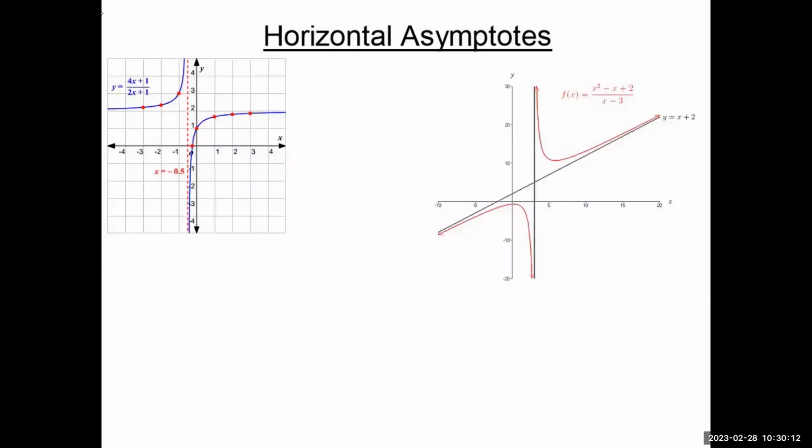I come over here, my horizontal asymptote again is at 2. 4 divided by 2, 2. But over here, we have a diagonal asymptote. We have 1 and 1. 1 divided by 1 is 1, but that's not where our horizontal asymptote is. So again, in part 2, we'll talk about our cases and how we find all of those different asymptotes.